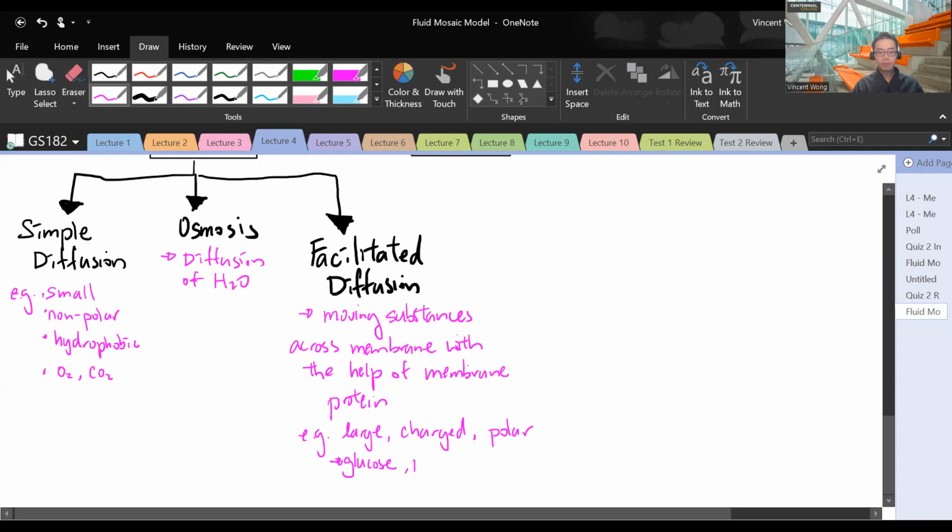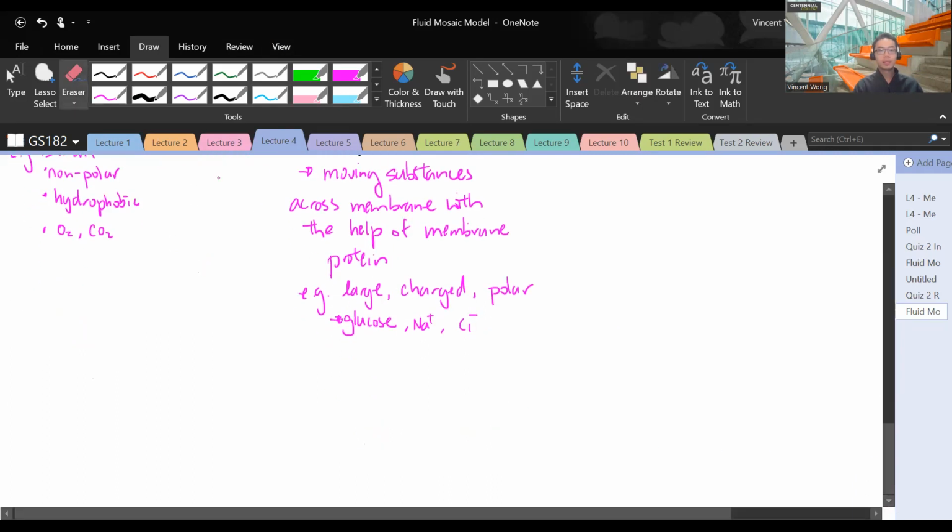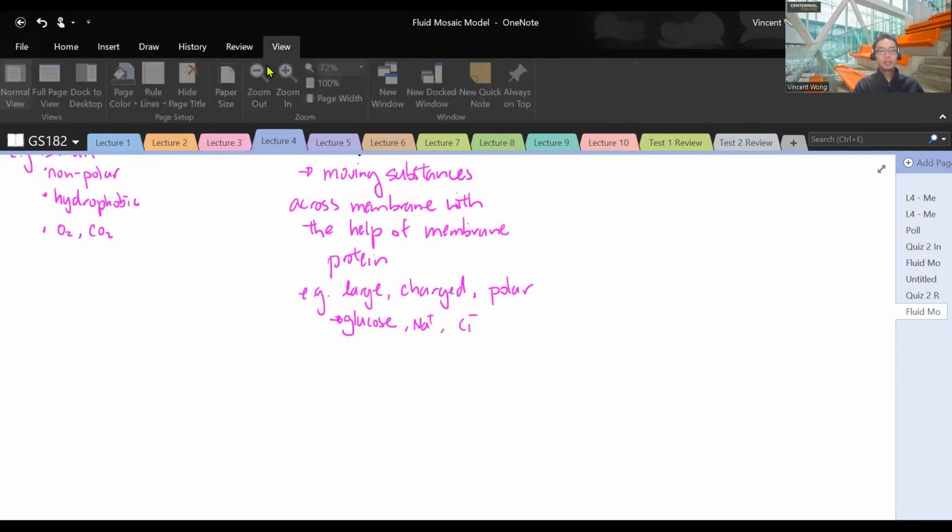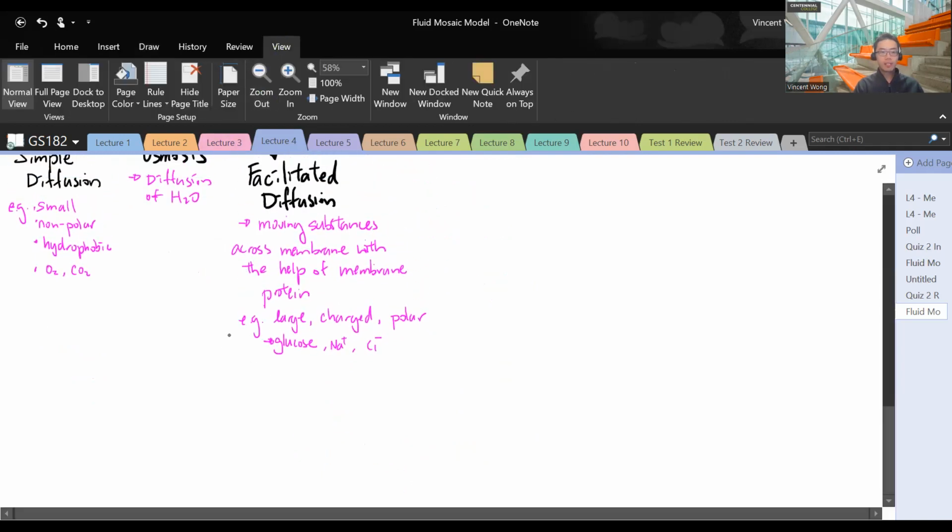Some electrolytes, ions, these things don't cross on their own. So there are two types of facilitated diffusion. One of them is called the channel protein, and the other is called the carrier protein.